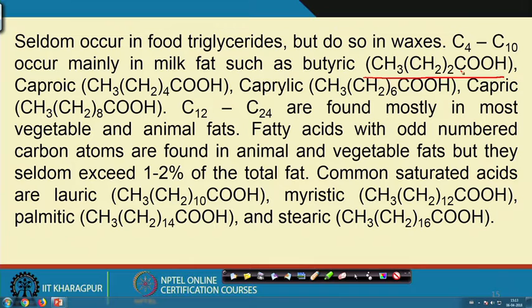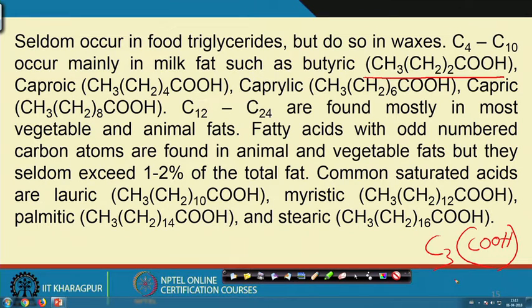But if I say that butyric acid is C3, then you have to keep in mind that COOH is omitted, right. Excluding that COOH, butyric acid is C3, right.